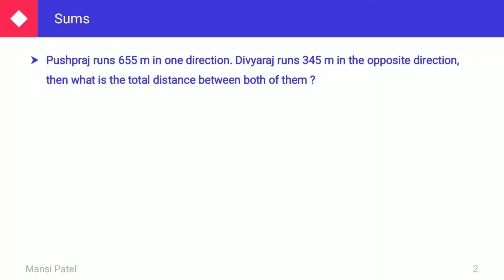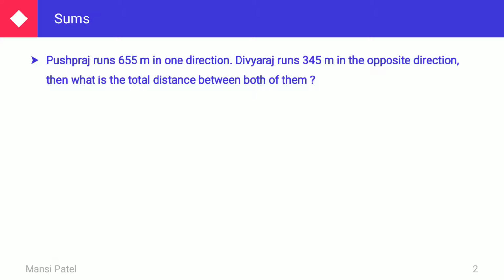See here, your first question is that Pushparaj runs 655 meter in one direction, whereas Divyaraj runs 345 meter in the opposite direction of Pushparaj. Then what is the total distance between both of them?